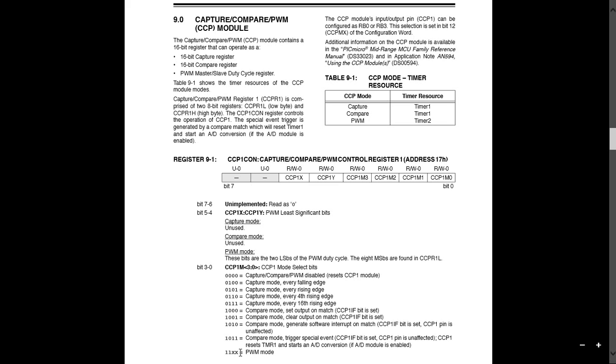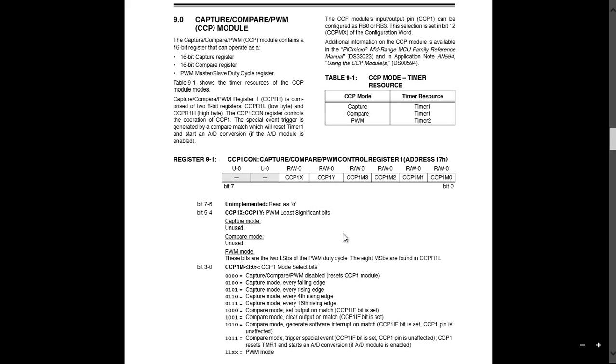XX means don't care, so it doesn't matter what they are as long as we have a 1 and a 1 in bits 3 and 2 of this register, CCP1CON. So you should take note of that in your notepad, in order to remember that you have to do that to set the system up to run the pulse width modulation.